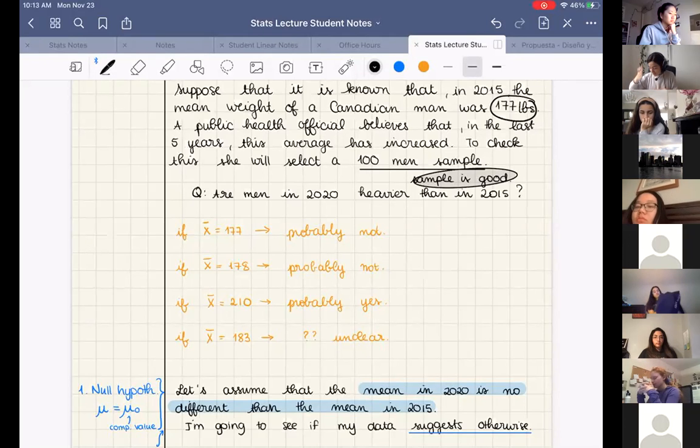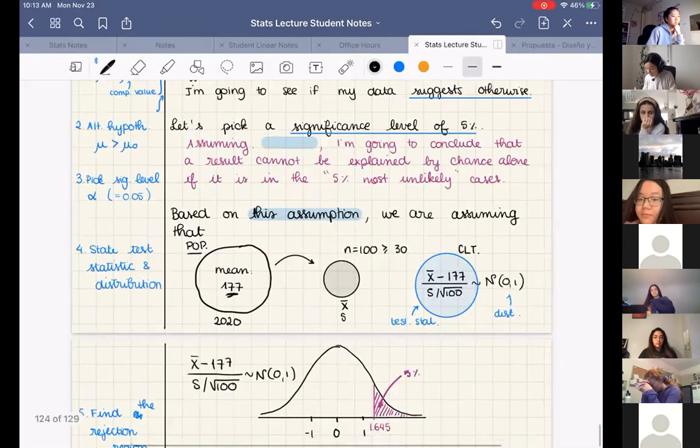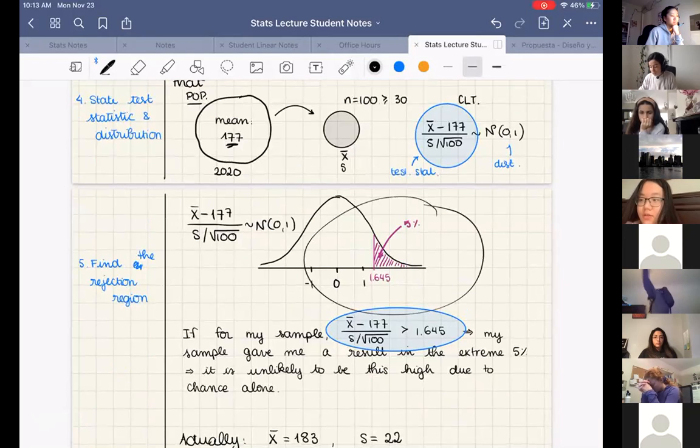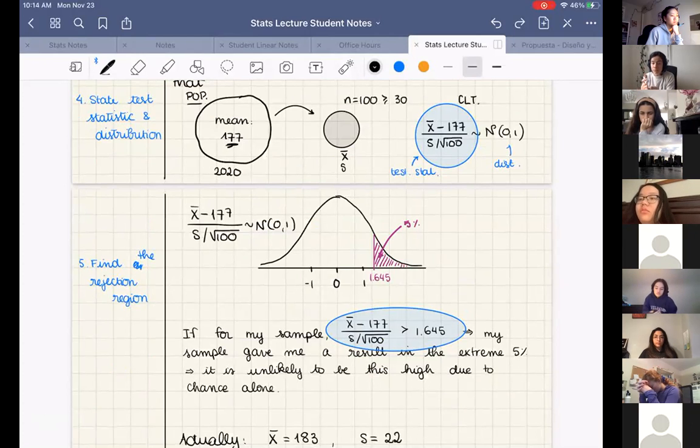Okay. Now, that extreme result is a result that falls in the rejection region that we found. And what we're saying is that we're fixing that value to the significance level. So we're fixing it to be alpha, for example, here 0.05. And we're saying, if my original hypothesis is actually true, then a result as extreme as this one will only happen 5% of the time.